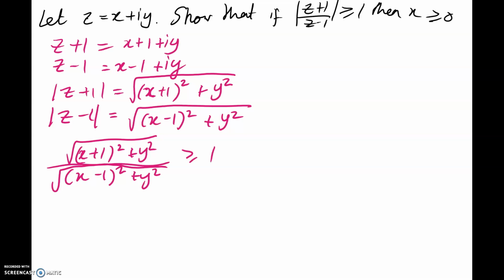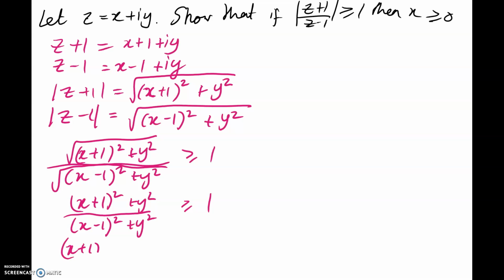So squaring both sides, you end up with this. And then if I move the denominator to the right-hand side, I have x plus 1 whole squared plus y squared is greater than or equal to x minus 1 whole squared plus y squared.